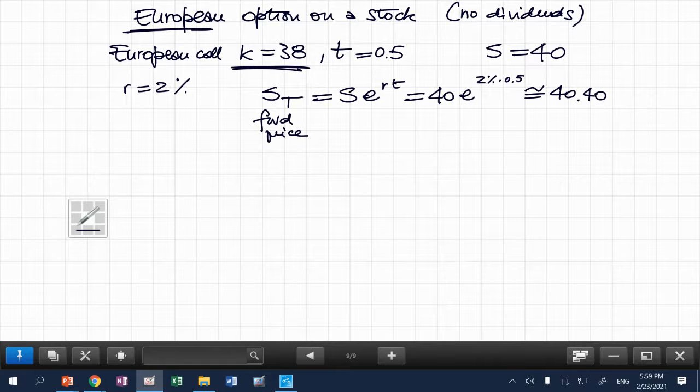Now, if this is the case, the implication is simple. I can tell you now what is going to be the minimum value that you can lock in with this option.